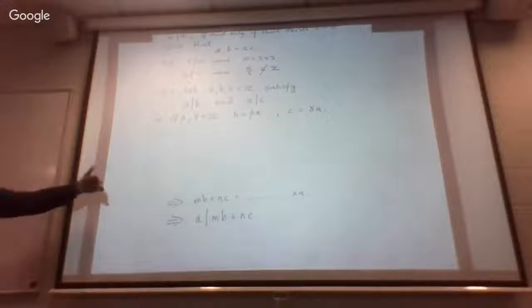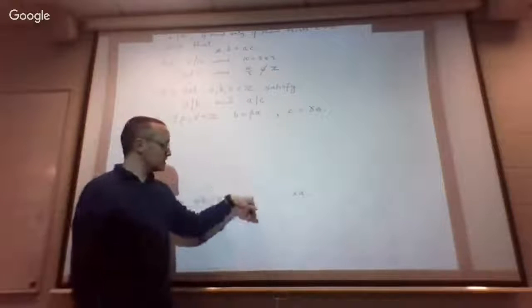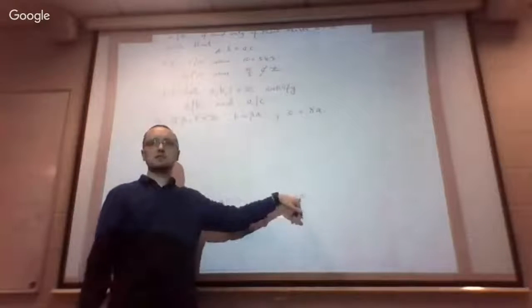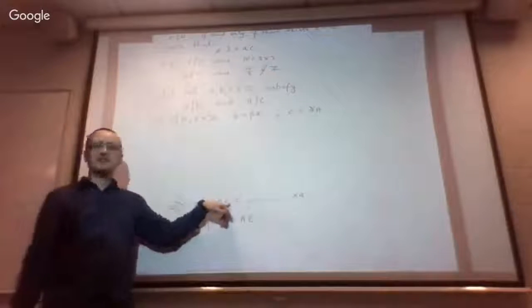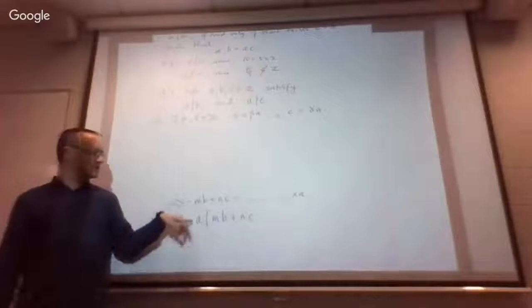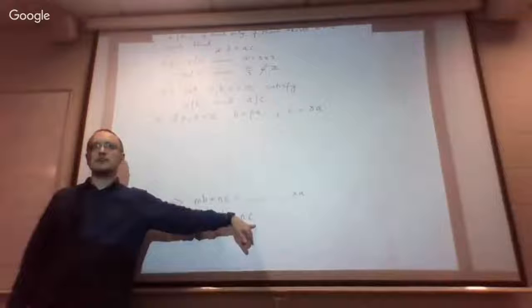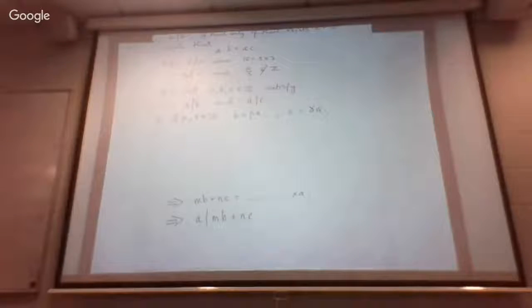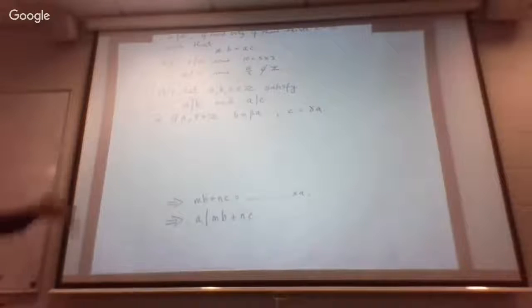We've discovered a gap. If we can show that there's an integer in here such that when you multiply it by A, you get MB plus NC, that's exactly the definition of A divides MB plus NC. And now this looks very, very doable.